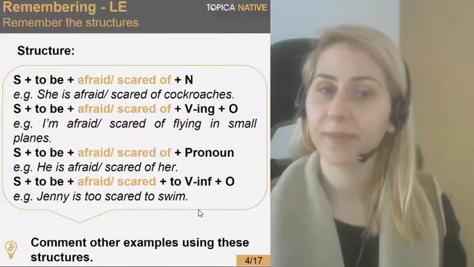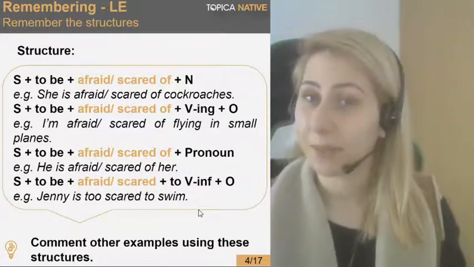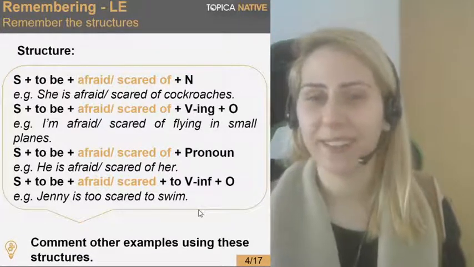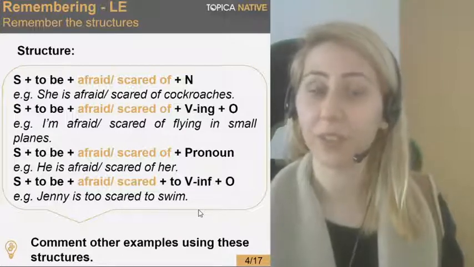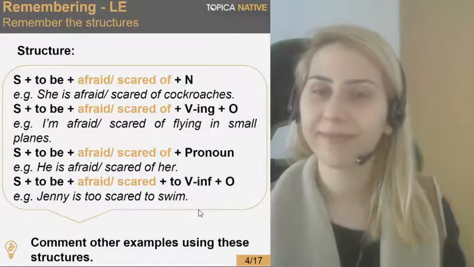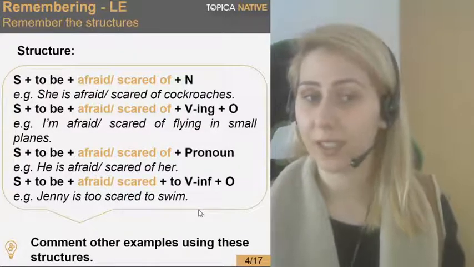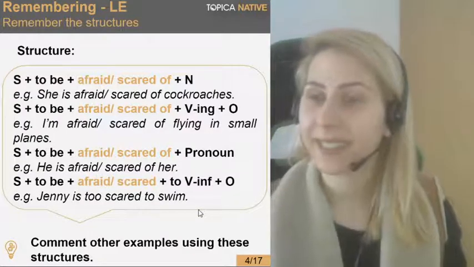I hope you are not afraid of making some examples. We can use this in a negative way as well: not to be afraid of something. So let's see, are you guys afraid of making some examples?